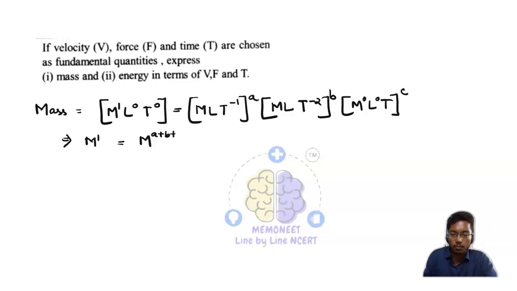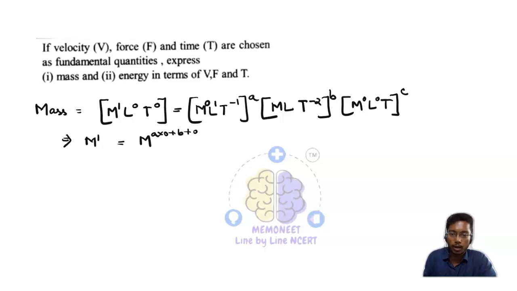Here for the velocity, that is M^0 L^1 T^-1. So here a multiplied with 0 plus b multiplied with 1 plus c multiplied with 0, that is 0. This is for the M.